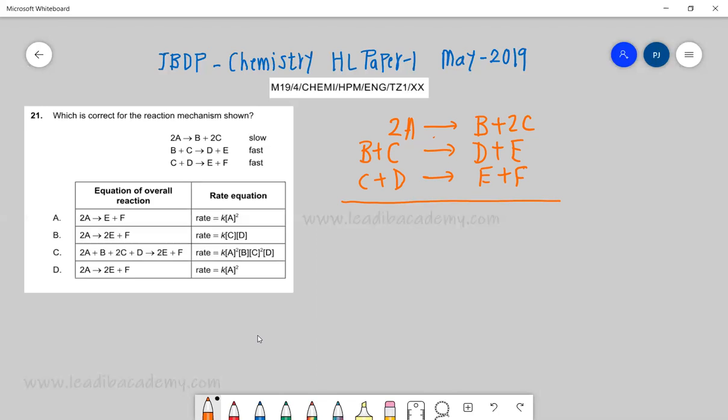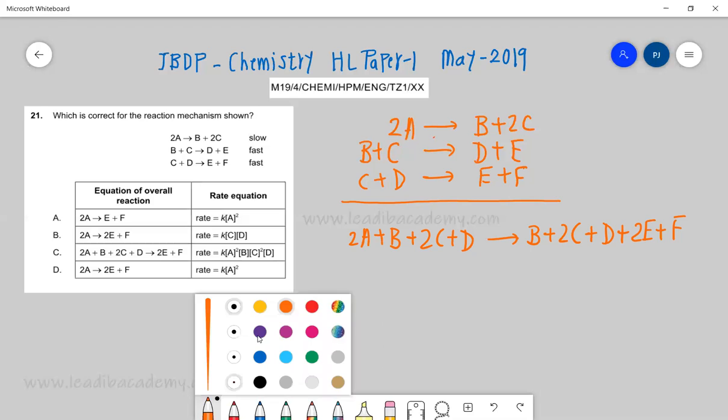So I'll get 2A plus B plus 2C plus D on the left-hand side, and on the right-hand side it would be B plus 2C plus D plus 2E plus F. Can we cancel something?